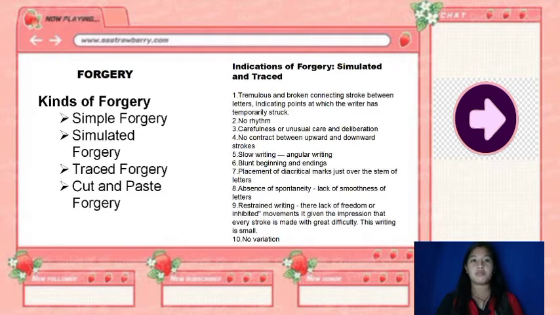Trace forgery is the result of an attempt to transfer to a fraudulent document an exact facsimile of a signature by a tracing process. Cut and paste forgery is created when authentic signatures are misused by means of photocopies or computer scanners.